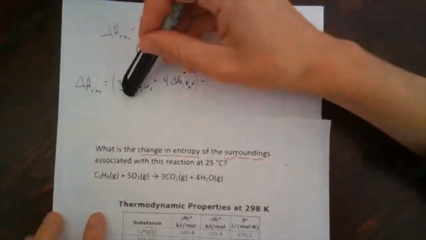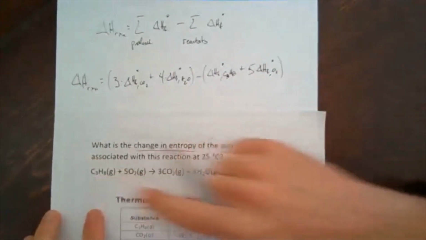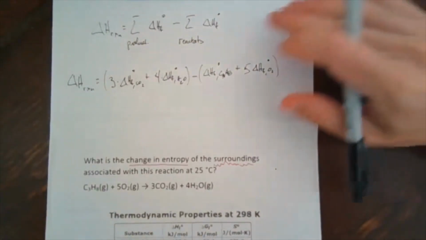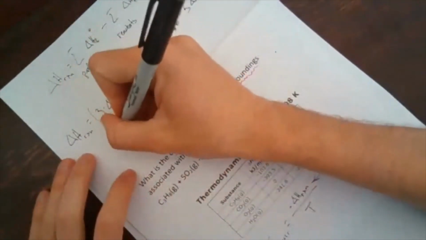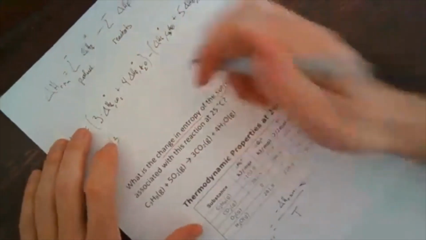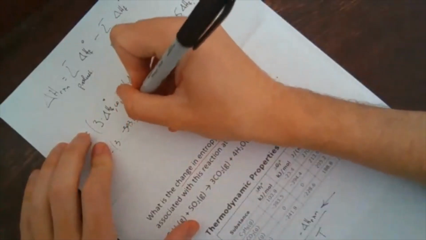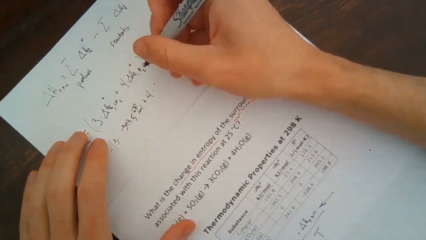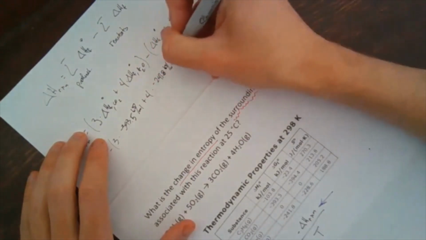And so this would be the generic equation, just taking this chemical equation and filling in explicitly what the coefficients are for all of the products and reactants. Then I can go ahead and plug in some actual values. So that would be 3 times delta HF of CO2, which is negative 393.5 kilojoules per mole, plus 4 times H2O, which is negative 241.8 kilojoules per mole.